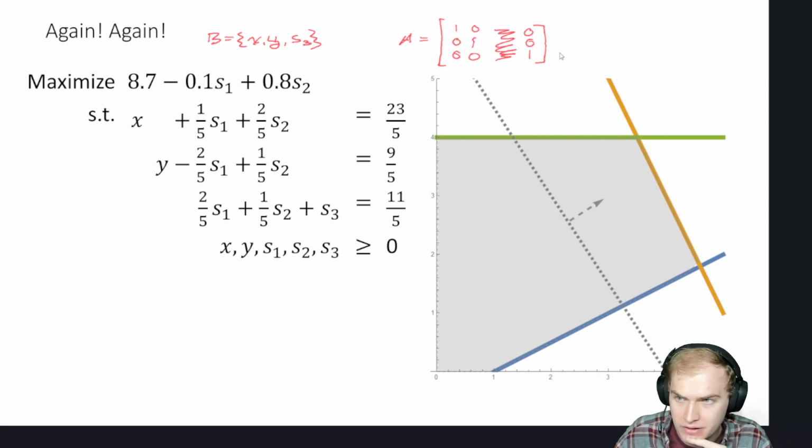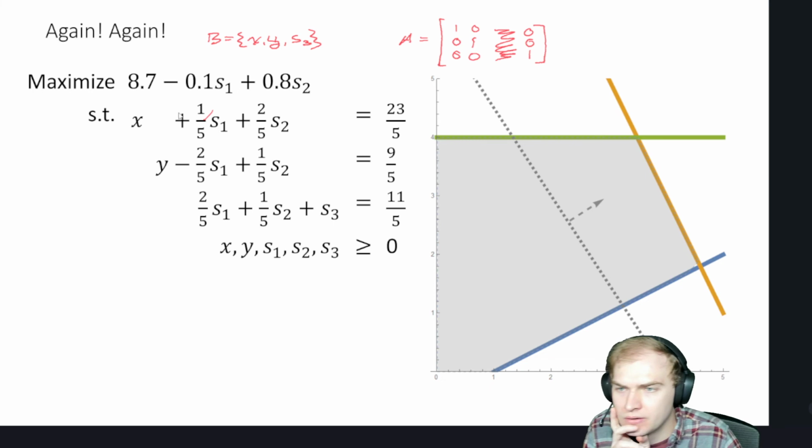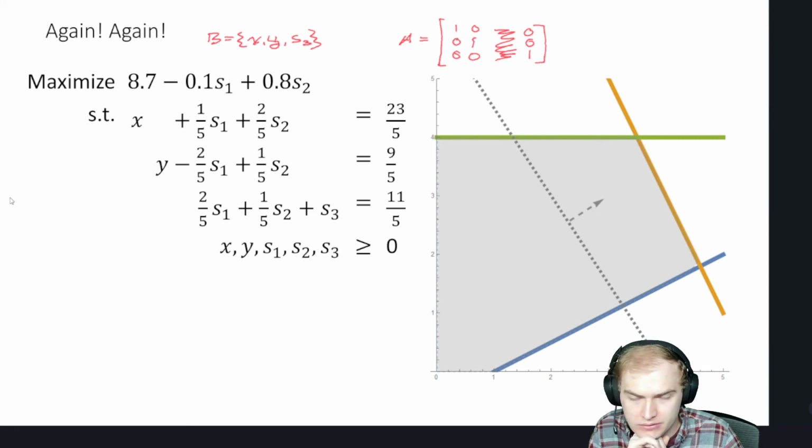I get the feeling that those coefficients are not quite right in the objective function. Give me a moment.